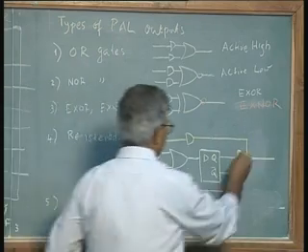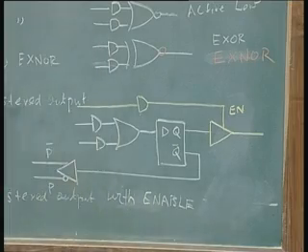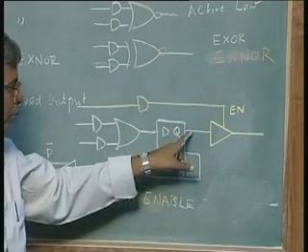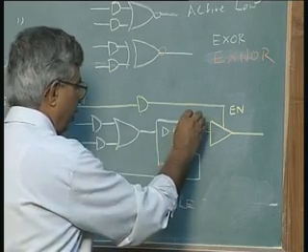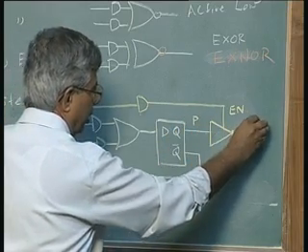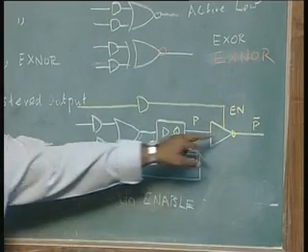This is called enable signal. So, if this enable signal is high, this buffer will be enabled, the output P will be available here. Usually this is a buffer with an inverter, so this is P bar. If you do not want that, you can disable this.